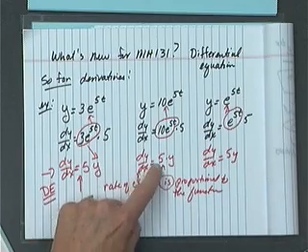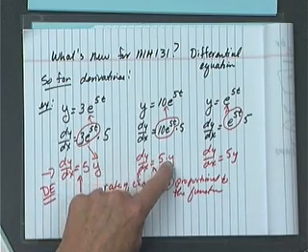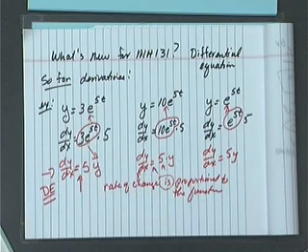The rate of change is proportional to the original function. That's the way we'd read this.